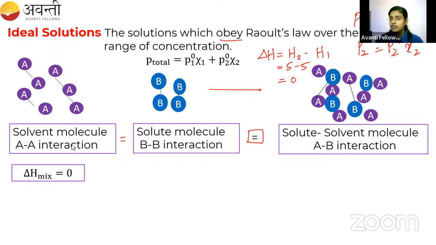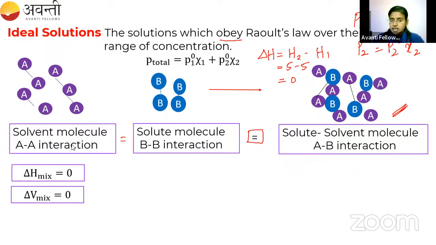So if the initial and final values are equal, then the change of those parameters will also be equal to 0. So delta H of the mixture is equal to 0. The same way, delta V of the mixture, mixture in the sense the solute-solvent mixture, delta V mix is also equal to 0 for ideal solution.